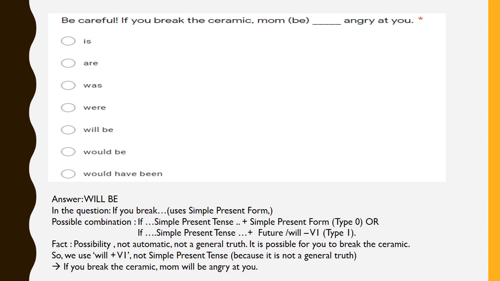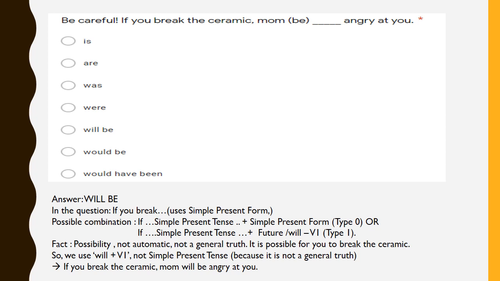Now, let's continue with the questions. Be careful. If you break the ceramic, Mom be angry at you. The answer is will be. In the question, if you break uses the simple present form.